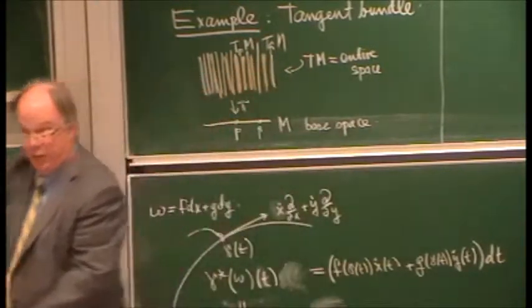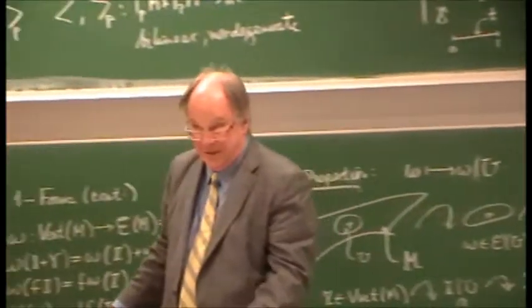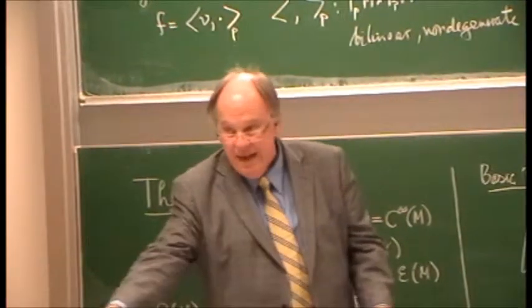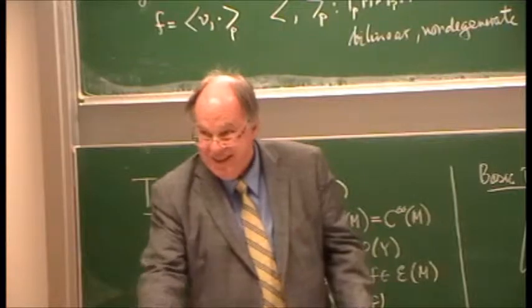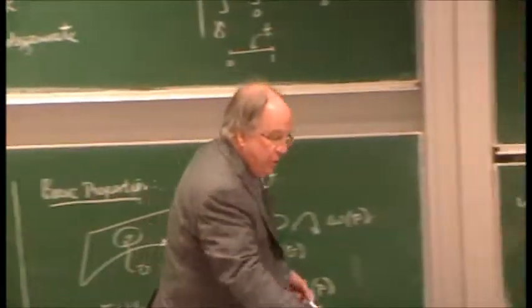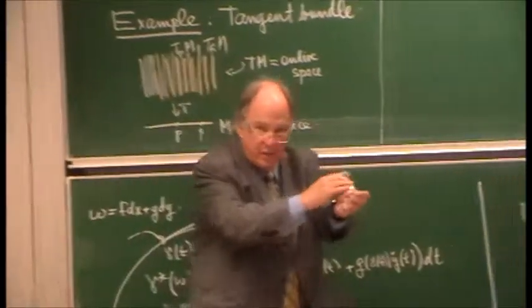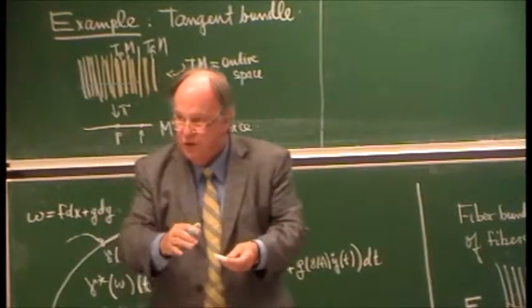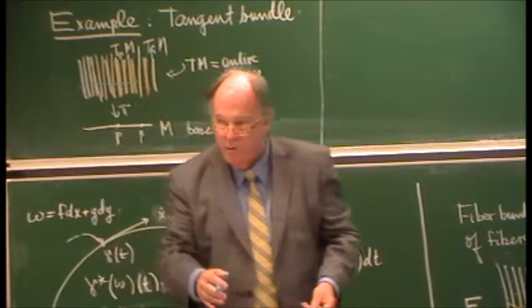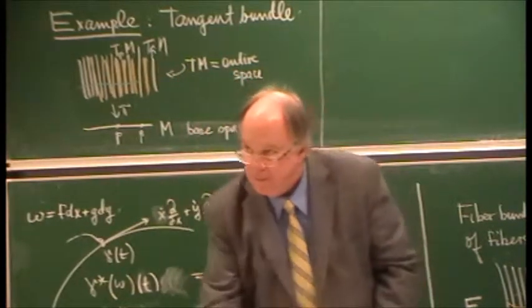I told you that each one is a vector space or something like this, right? But he said nothing about the horizontal direction. So I need to tell you how these fibers are moving. What does it mean, how they're moving? Somehow, I need to tell you the manifold structure here.